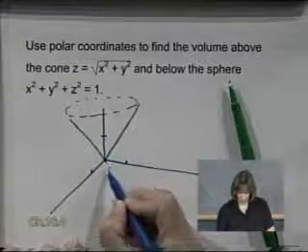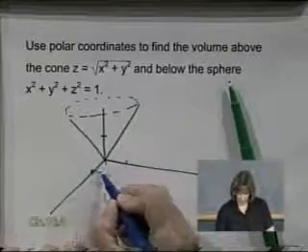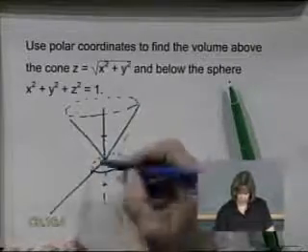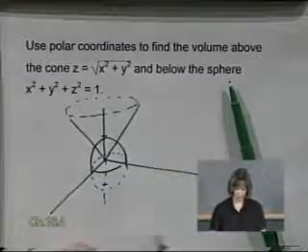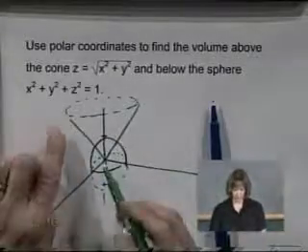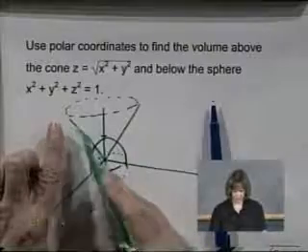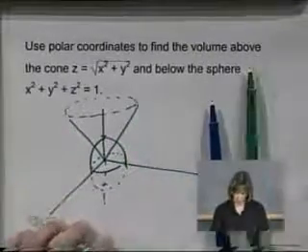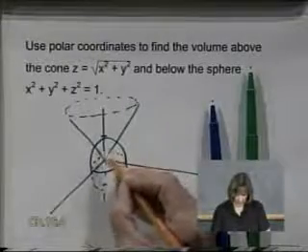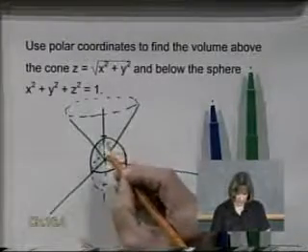So we can go like this, and down like that. It's good enough. Okay, now we want to find the volume above the cone. That's here. This is the region right here that we're trying to find.